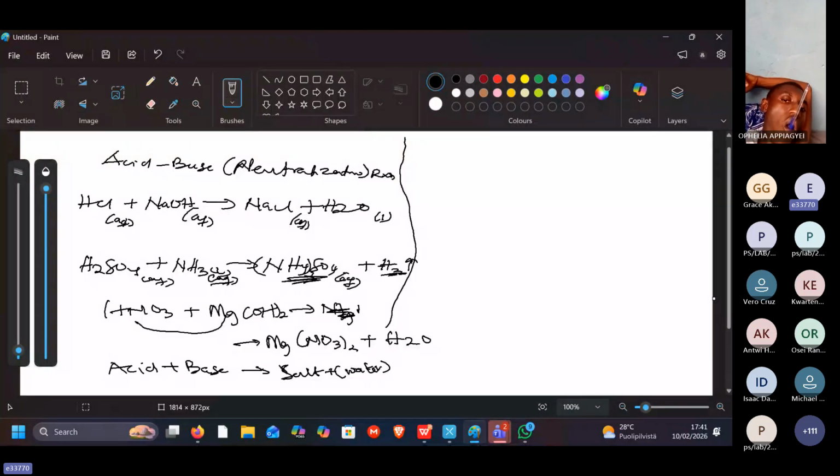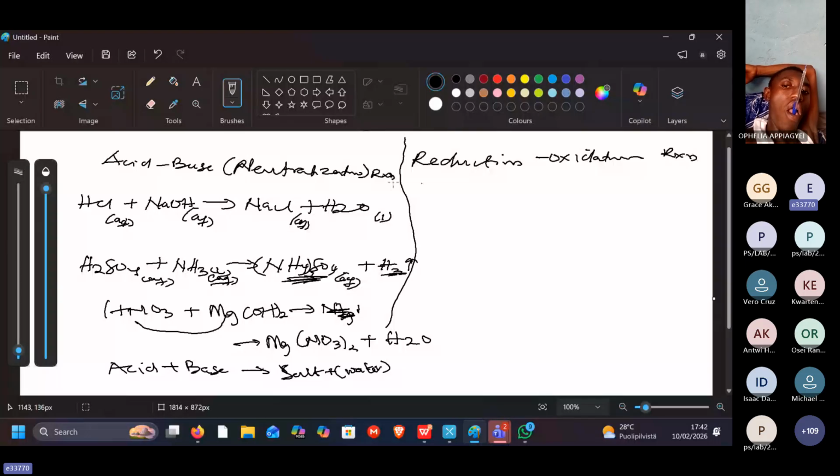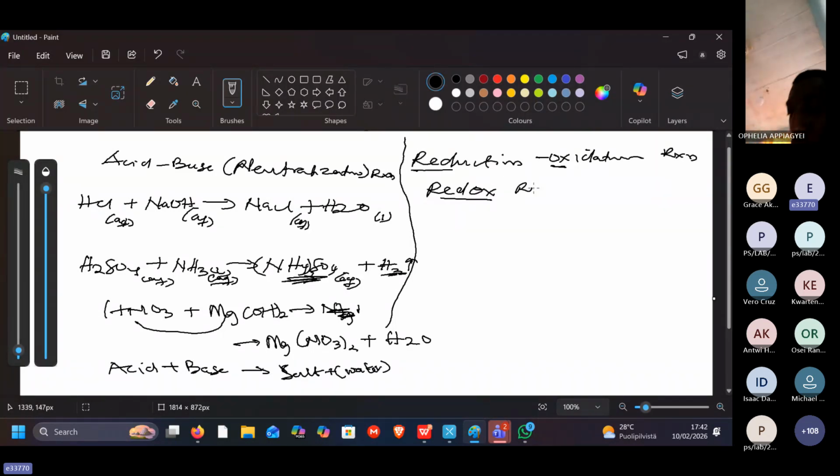So that's a neutralization reaction. Now let's move on to another reaction, which we call the reduction oxidation reaction. We can shorten it: reduction is red and oxidation is ox, so we call it the redox reactions.